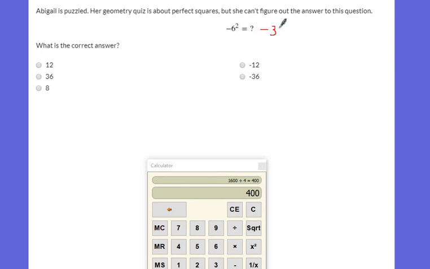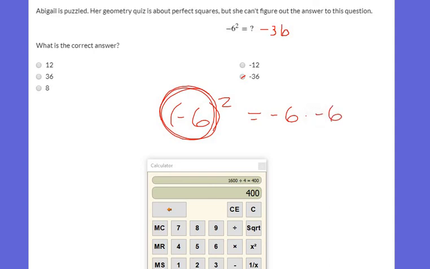So negative 36. Hard to write with the mouse sometimes. So the correct answer is negative 36. That would be different if it was written like this, because this says we're going to take this whole thing here, -6 times -6, which is a positive 36.